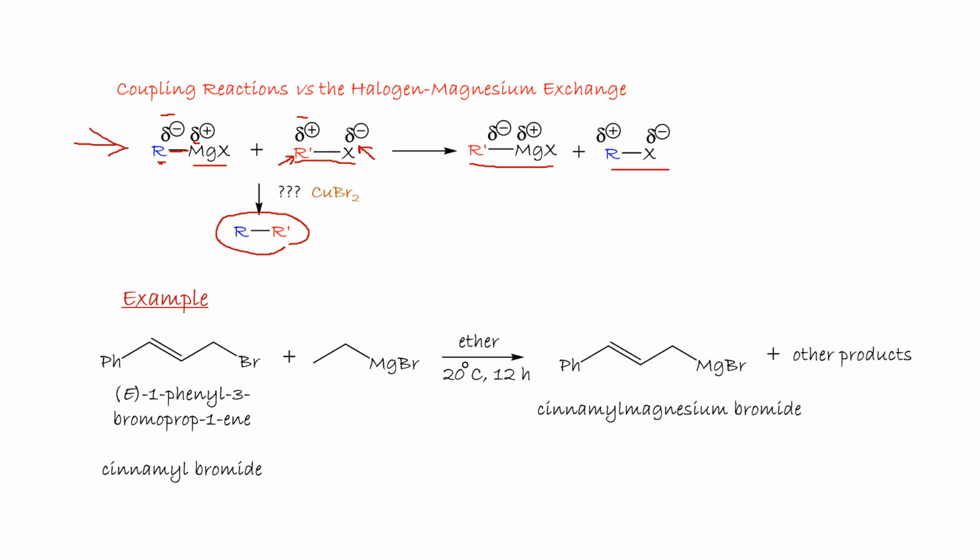For example, the reaction of cinnamyl bromide, this is a cinnamyl group, with ethyl magnesium bromide in ether provides cinnamyl magnesium bromide and maybe other products, but the major product is just exchange. The MgBr will go to the cinnamyl group.